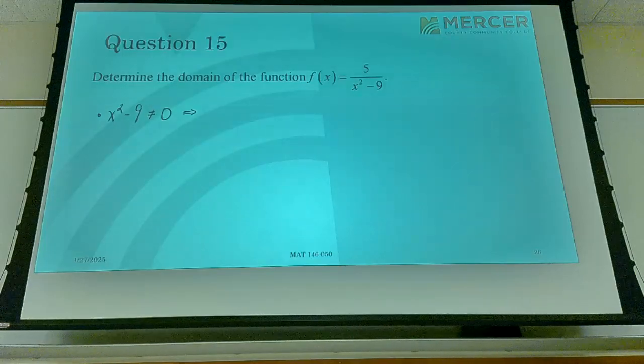Solved the same way as if it was actual equality instead of an inequality. You said it equal to 0? X squared can't be 9.